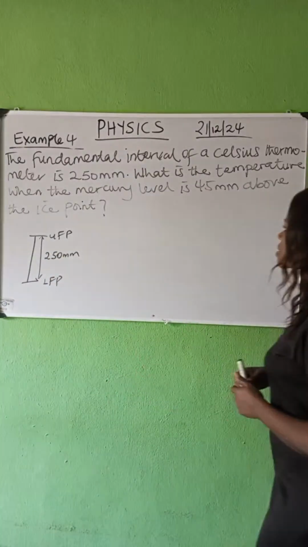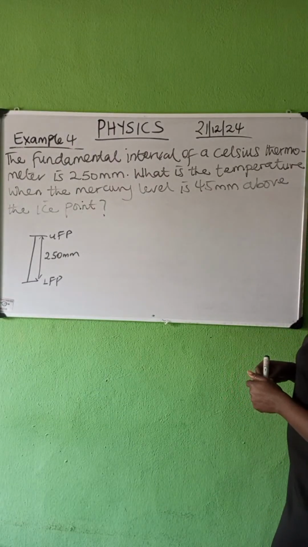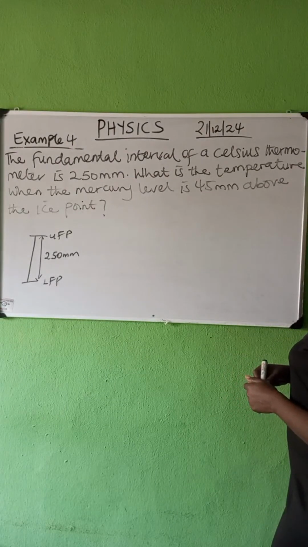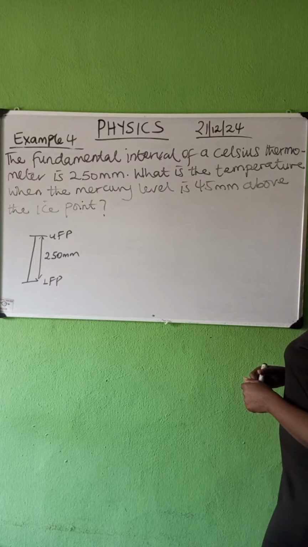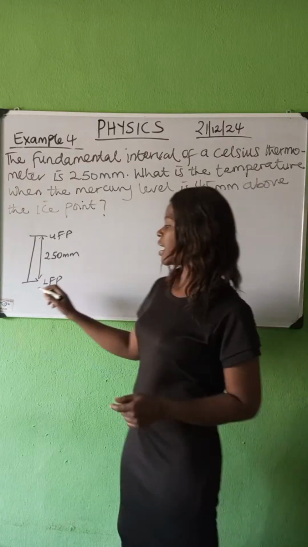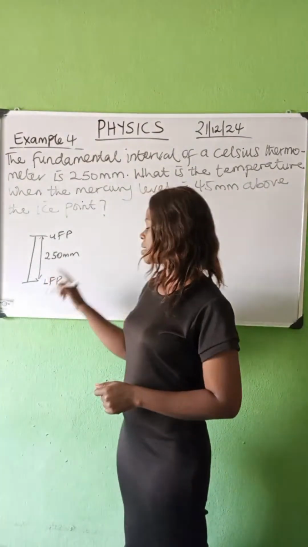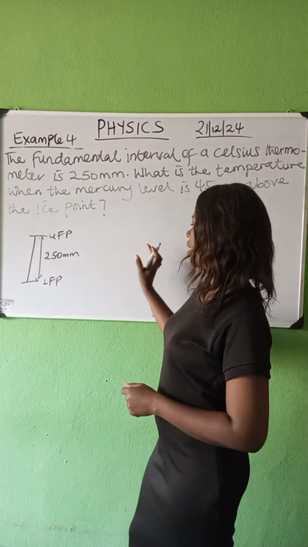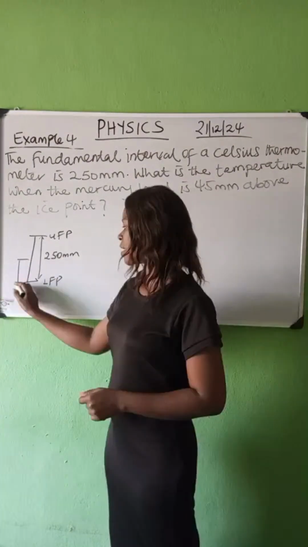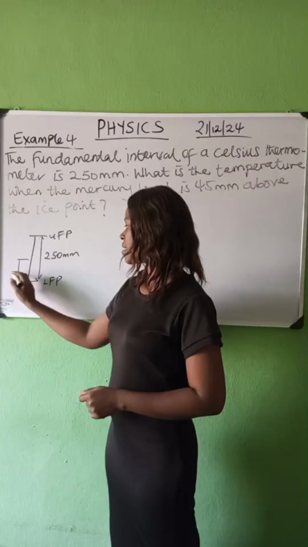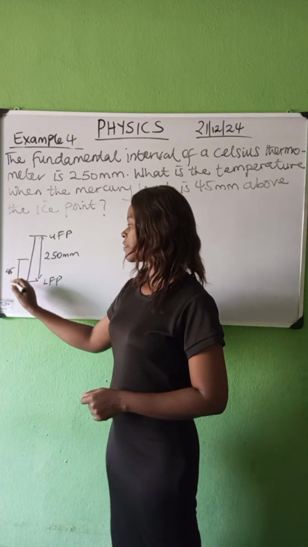250 millimeters. What is the temperature when the mercury level is 45 millimeters above the ice point? Where is the ice point? Look at the ice point. Okay, so when this thermometer reads 45 millimeters above, this reads what? 45.